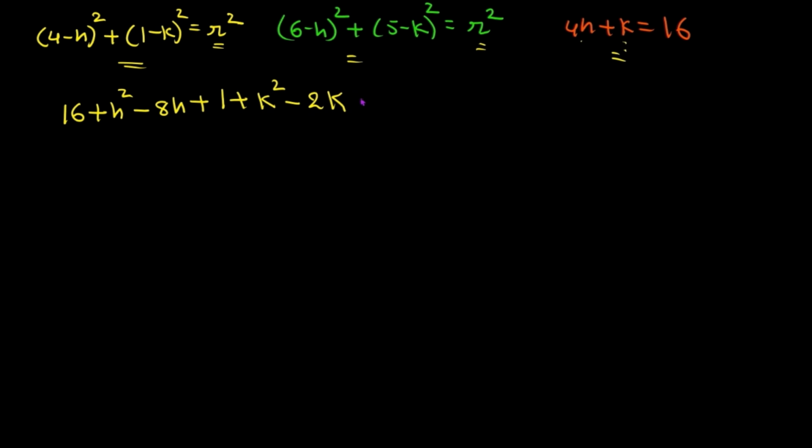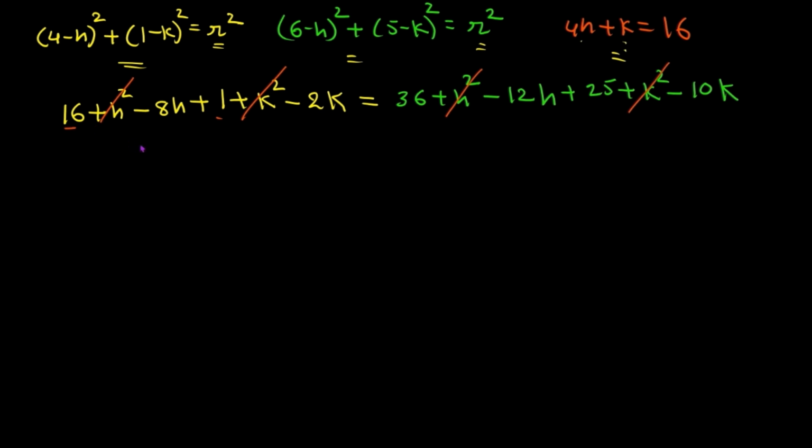This must be equal to, substituting the other side, 6 square is 36 plus h square minus 12h plus 5 square is 25 plus k square minus 10k. If you notice, on both sides h square gets cancelled and k square gets cancelled. I will skip some of these steps due to time constraints. I'll simplify this.